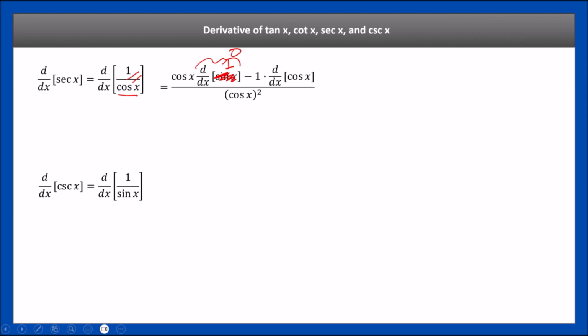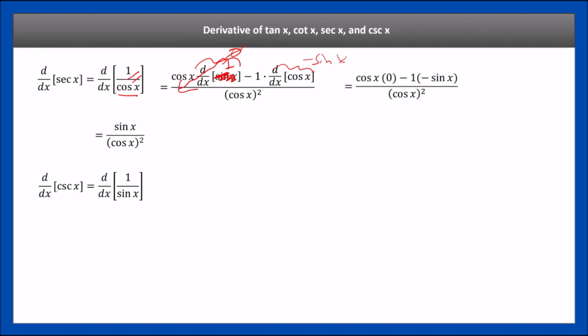And then minus high d low. So the derivative of cosine is negative sine x, right? So if the derivative of this is 0, then this whole term goes away. So we've got cosine times 0. And then negative 1 times negative sine is positive sine. So we got sine x over cosine x squared.